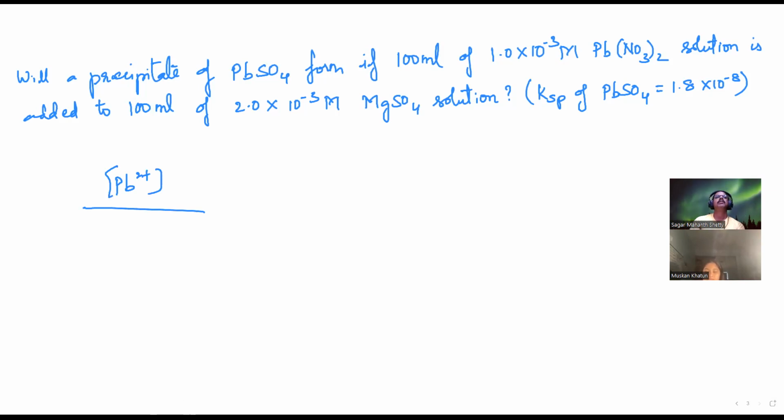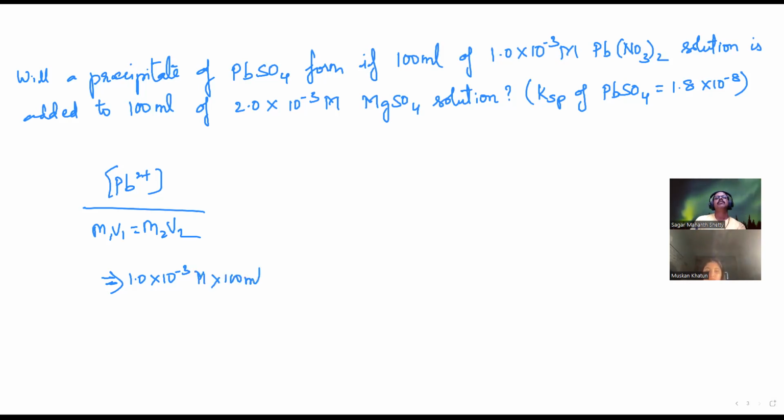So that is by M1 V1 is equal to M2 V2. So for lead, what's the value already given to us? 1.0 times 10 to the power of -3. And what's the capacity there?